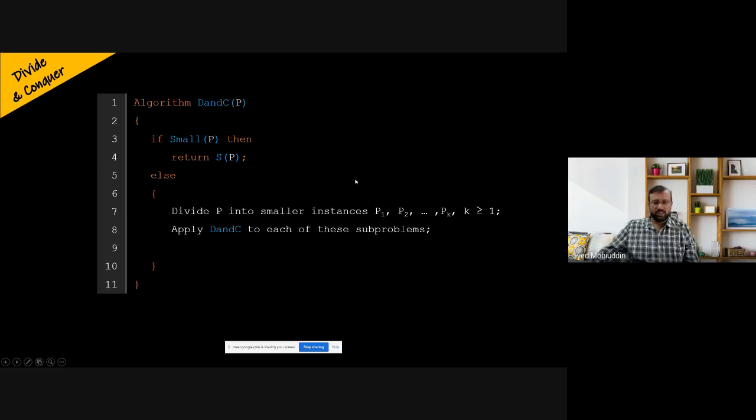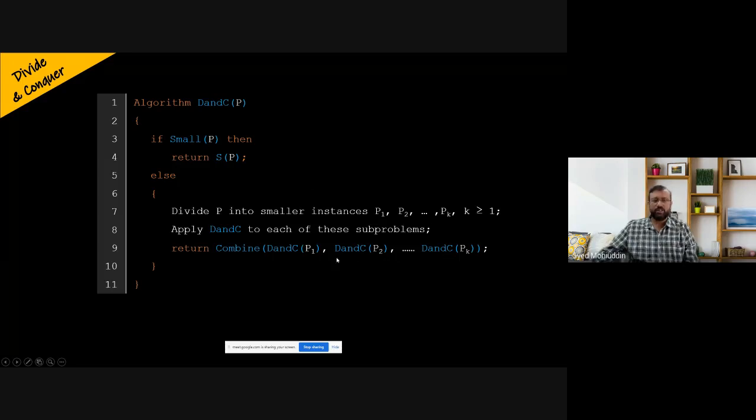Once this recursive call is made, even P2 will have its recursive call, till Pk. Then once we have the solutions, that is S of P, we combine those solutions of divide and conquer of P1, divide and conquer of P2, till Pk.